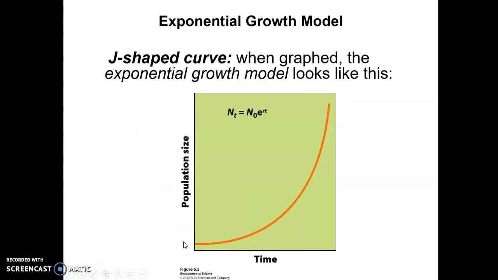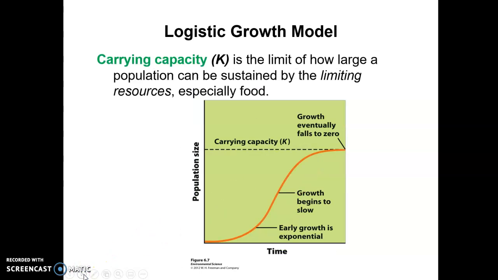So here's an example of a J-shaped curve or an exponential growth model curve. Here we have time on the x-axis, population size on the y-axis, and you can see it's rapidly increasing, so it looks like a J. However, when that population, which is experiencing exponential growth in the beginning, reaches the top part of this curve, it starts to slow as the population size increases to a point where the limiting factors in the environment start to occur.